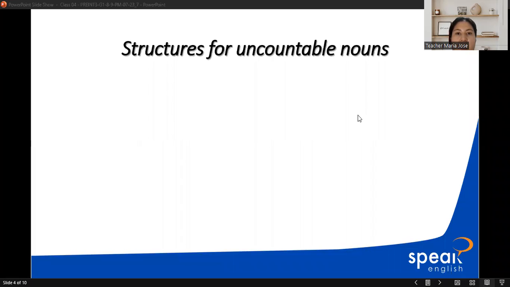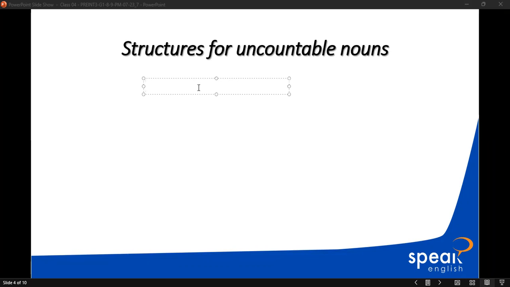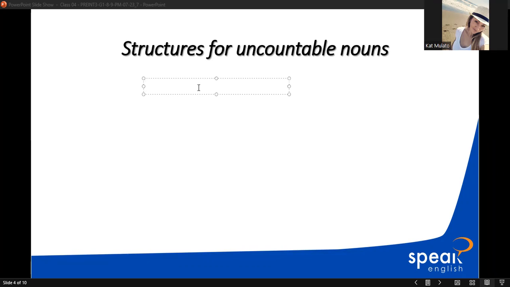All right. Now, what about the structures that we follow for uncountable nouns? What is the structure for the question, Catherine? How much plus uncountable noun plus is there.